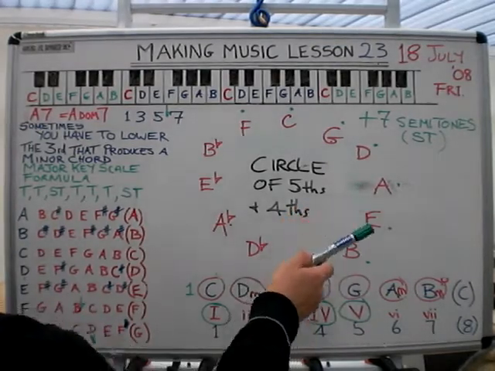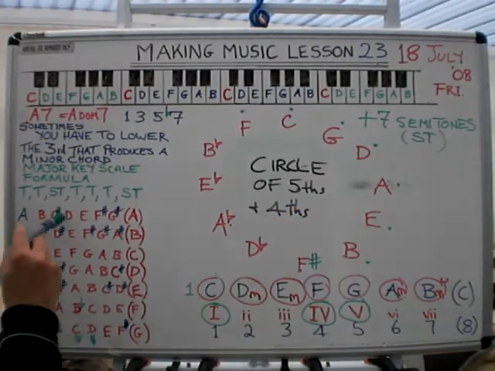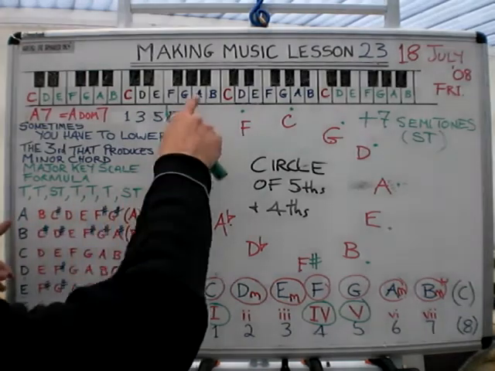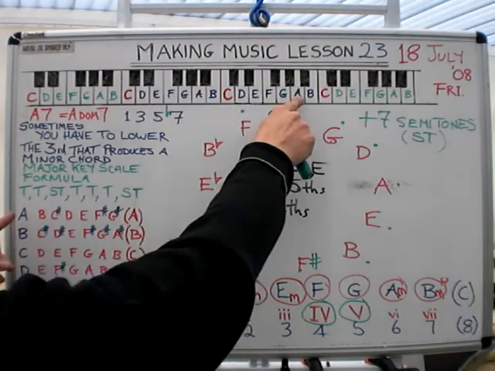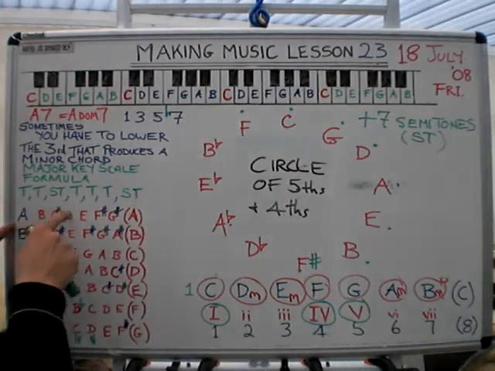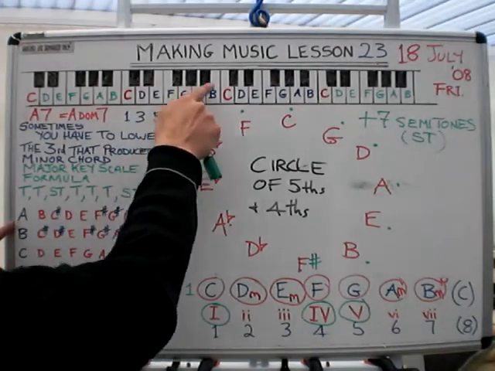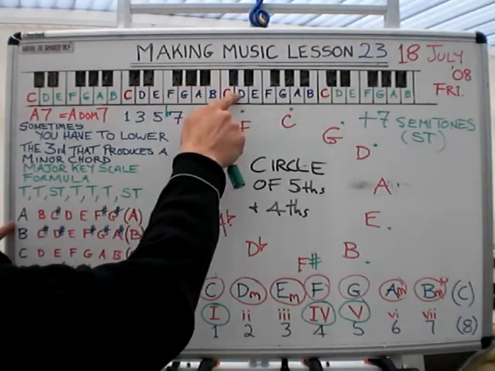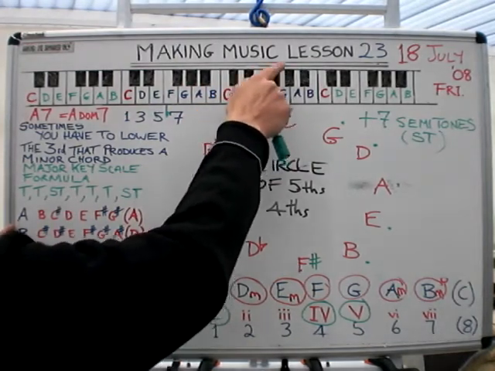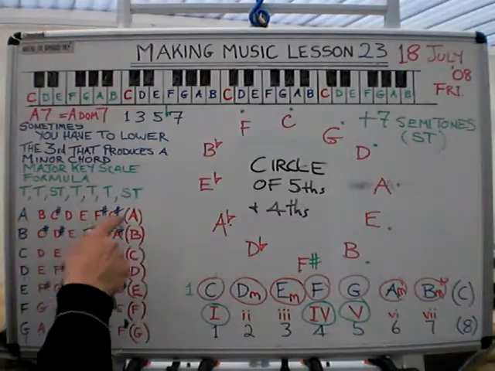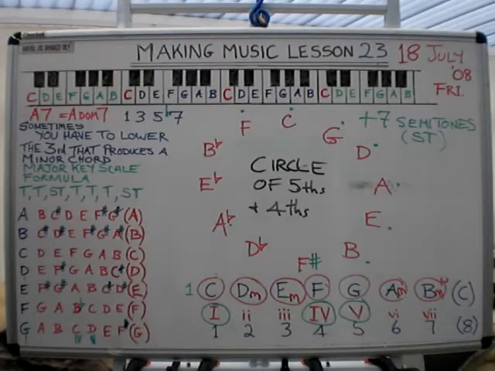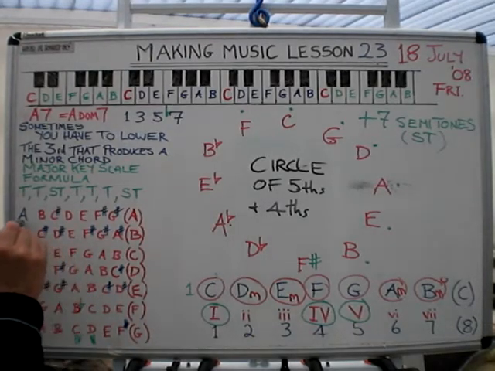Okay, let's look at the A. Let's talk about the A scale. Now A to A octave, natural A, B, C, D, E, F, G, A. If we apply the tone, tone, semitone structure, we end up with these sharps, look. Tone, tone, semitone, tone, tone, tone, semitone. So that's what gives us the major scale of A. Our first position is here.